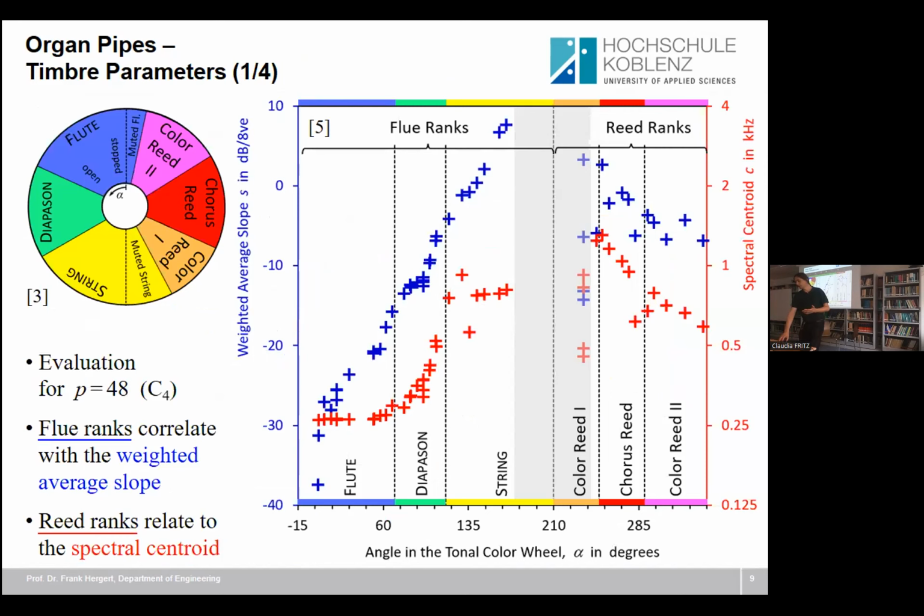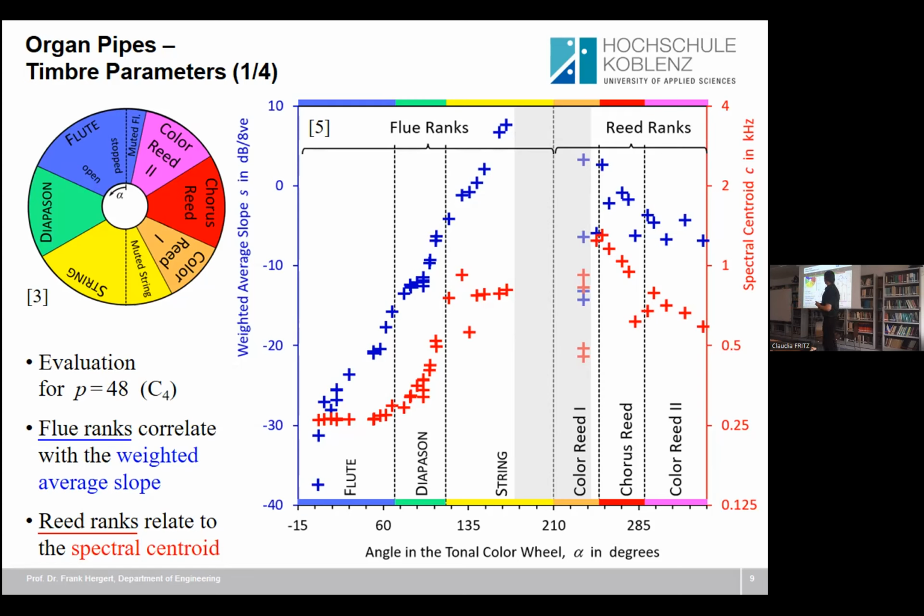And he classified the sounds of different ranks in this color wheel. This is at first just a qualitative thing. So he has collected 63 different ranks and squeezed them into this scheme. The original picture is much more complicated. I squeezed it down to just colors and a few names.